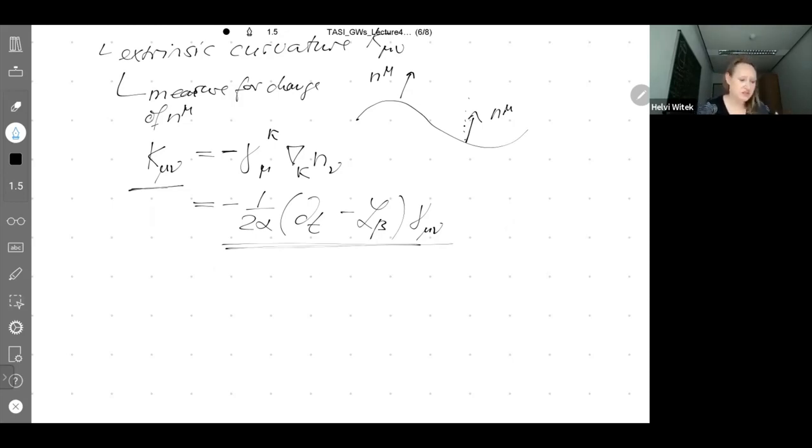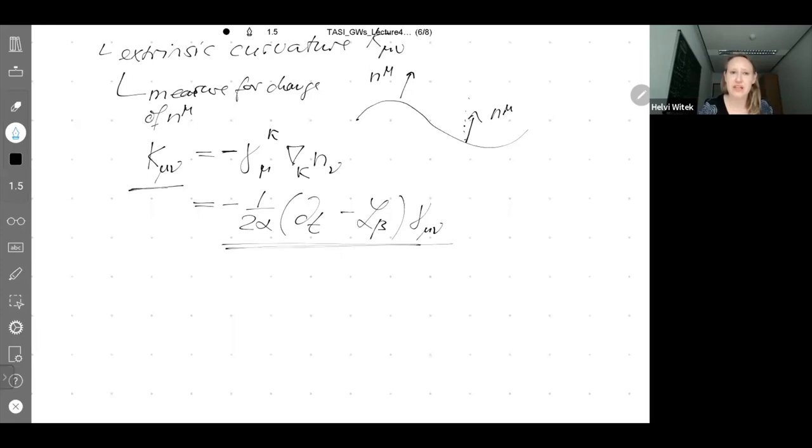Now, just to give you a very brief taste, the next step that we would do theoretically to derive a set of evolution equations is applying this 3+1 decomposition to our field equations. Some of you may be more familiar with the term ADM decomposition, and that's very closely related.